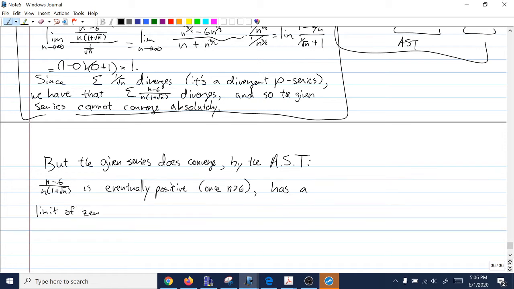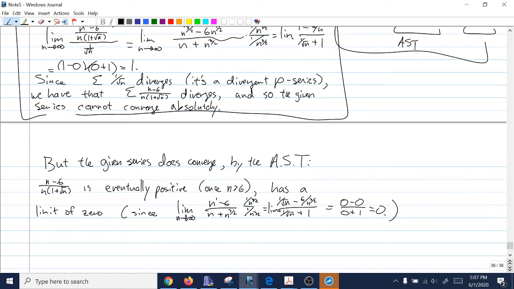Since the limit as n goes to infinity of n to the 1 minus 6 over n plus n to the 3 halves, again I multiply the top and bottom by 1 over n to the 3 halves. And I get 1 over root n minus 6 over n to the 3 halves over 1 over root n plus 1, which is 0 minus 0 over 0 plus 1 equals 0.